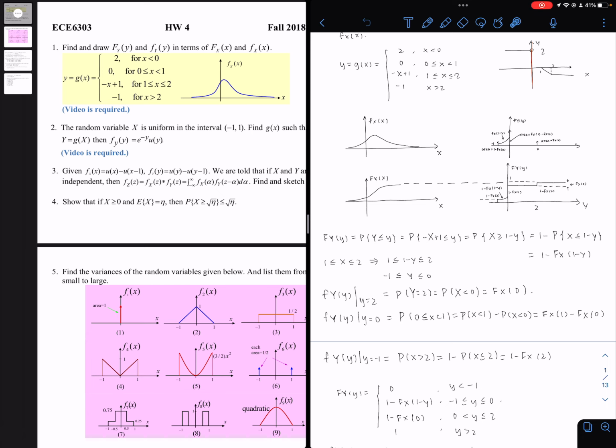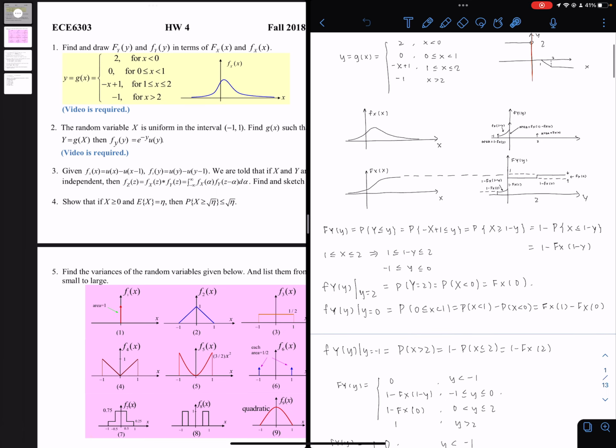So we have already found the relationship of cumulative probability of y and x in this interval, which is 1 to 2, right? So when x is between 1 and 2, y correspondingly is between minus 1 and 0.